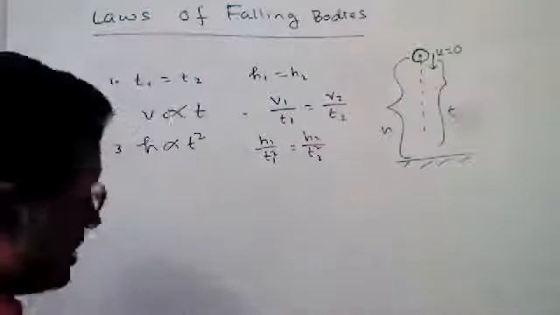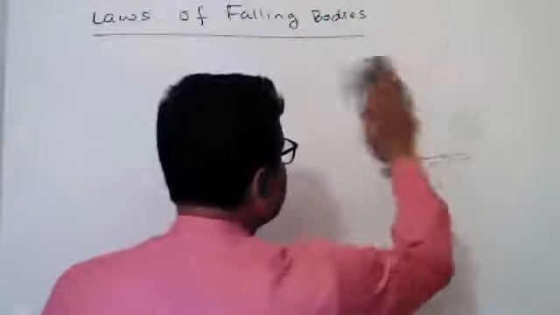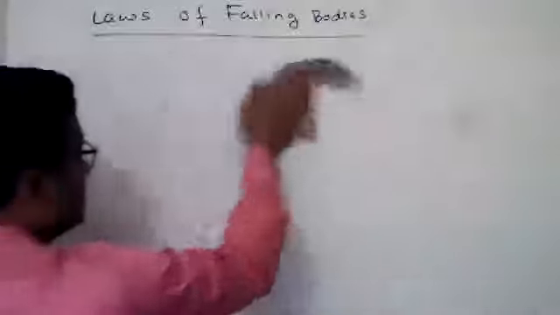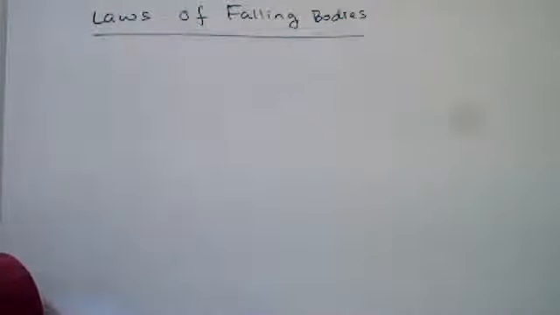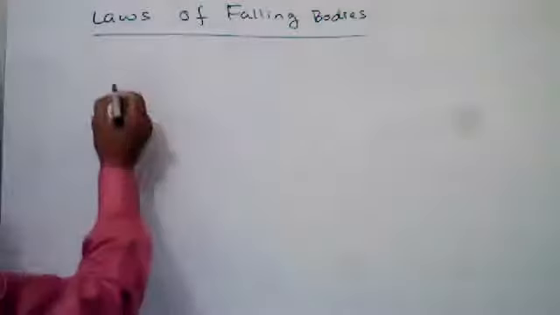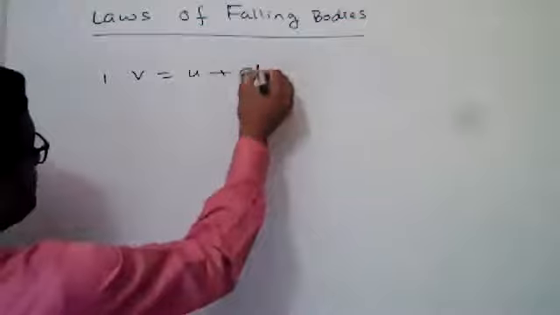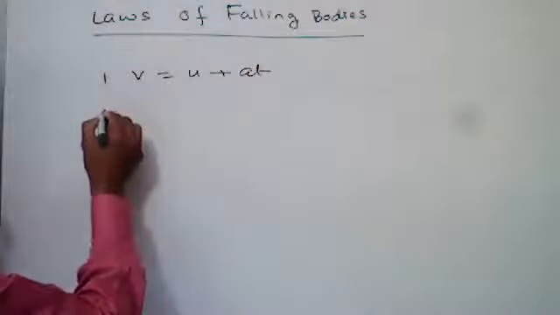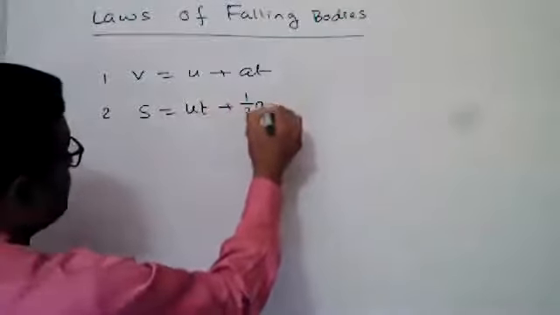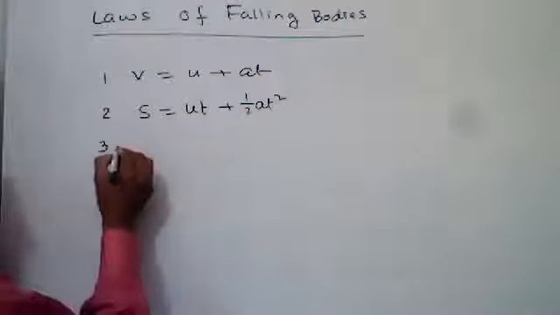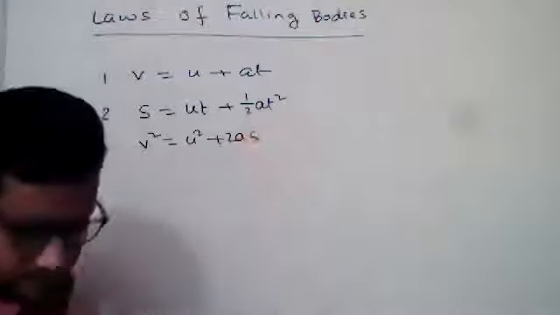Now there are three equations for the falling body. Generally they are like the equations of motion. We know the first equation V equals U plus AT, number two S equals UT plus half of AT square, and number three V square equals U square plus 2AS.